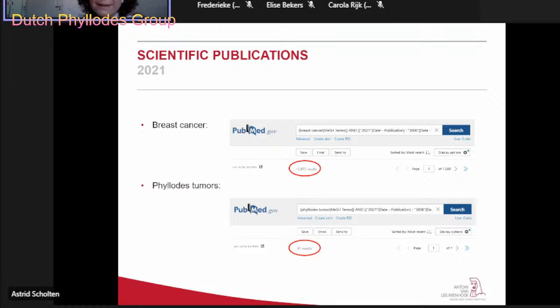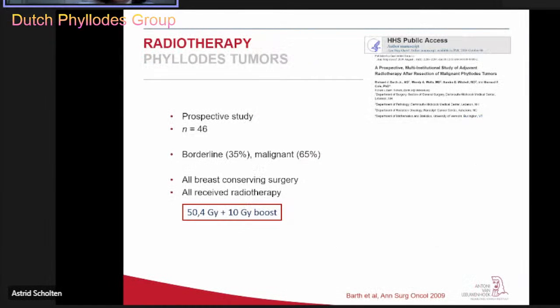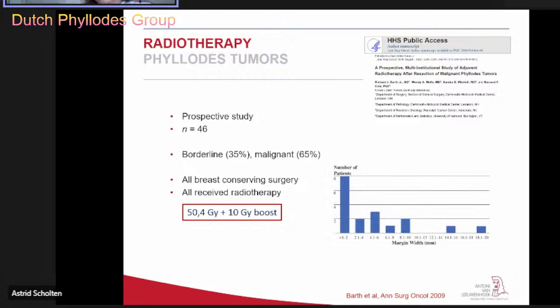Now, what do we know? There's one nice prospective study, including 46 patients with a borderline or malignant tumor, included in 30 different institutes, so that also illustrates the rarity of the disease. They were all treated with breast-conserving surgery and all received radiotherapy. The margin was quite variable.